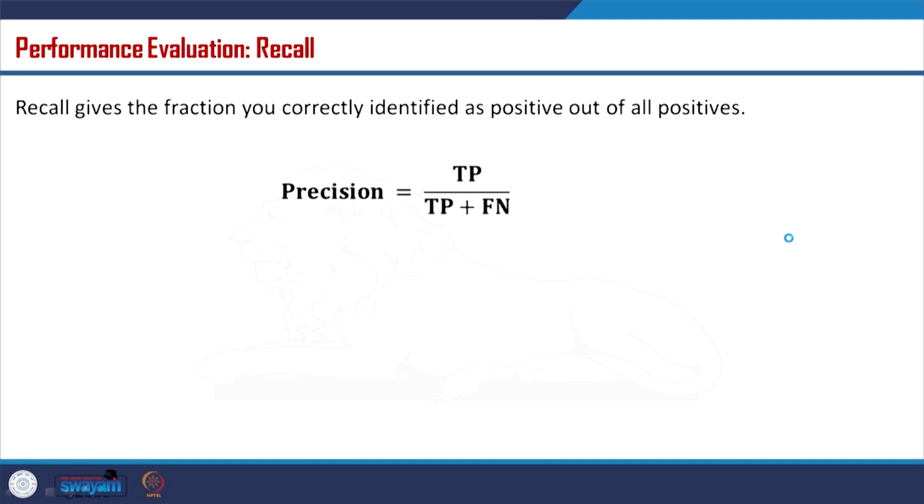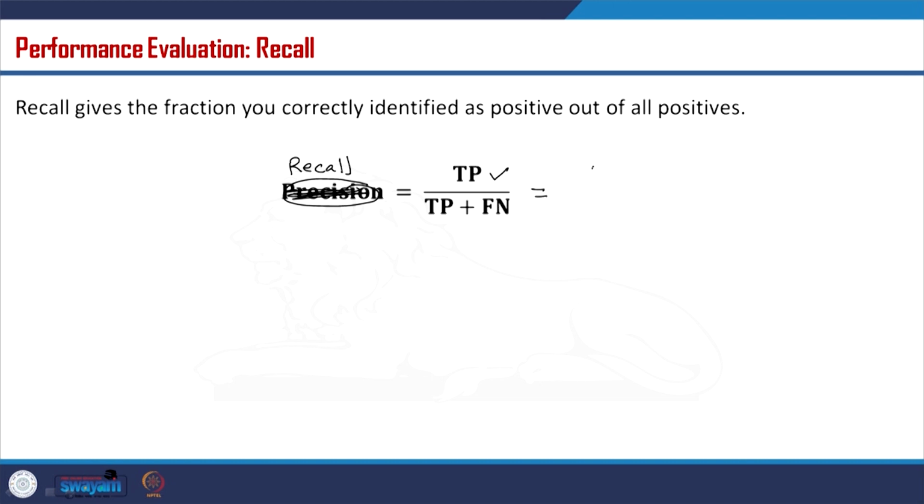Another metric is recall. Recall gives the fraction correctly identified as positive out of all positives. Recall is the ratio of true positive and the sum of true positive plus false negative.